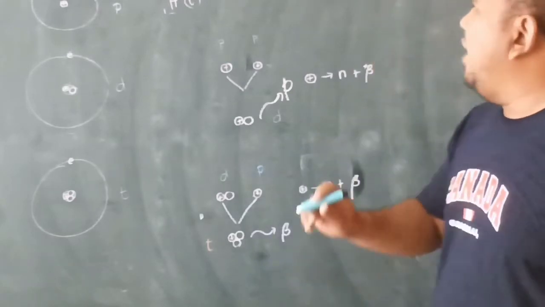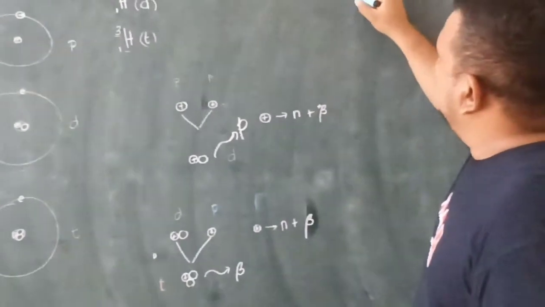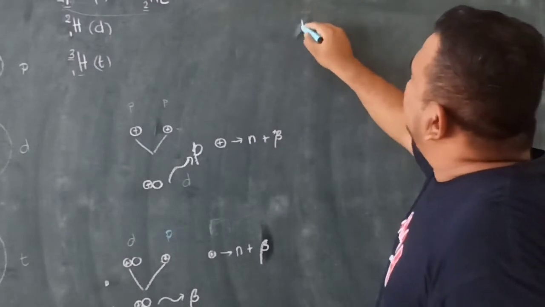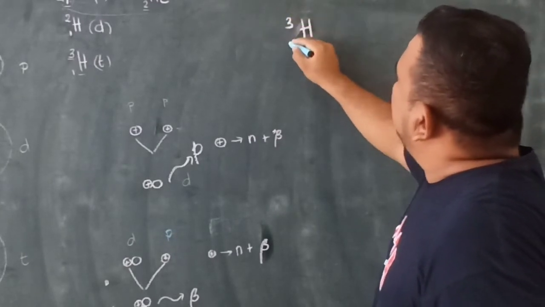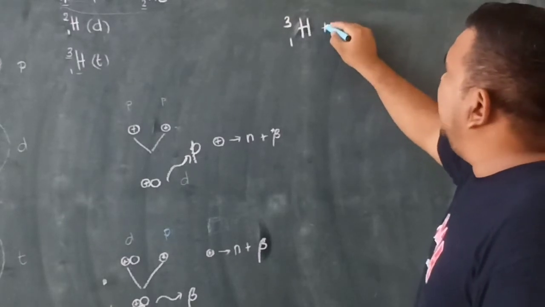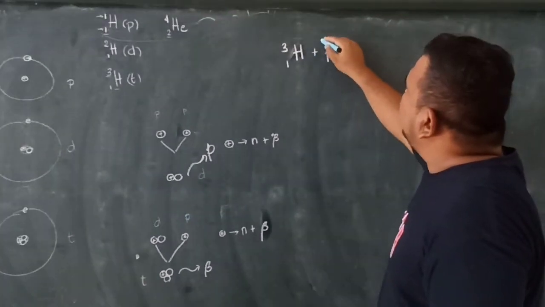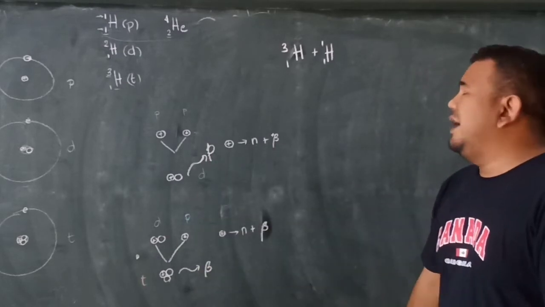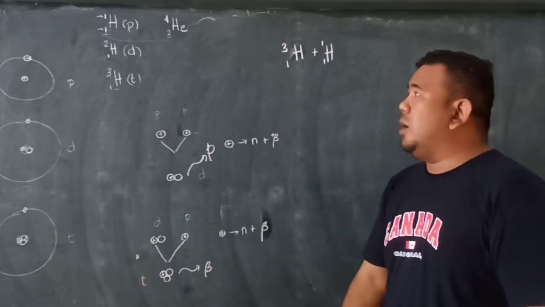Then if you're going to have a tritium, or we're going to use an equation, you have tritium plus a hydrogen atom, without using the illustration anymore.